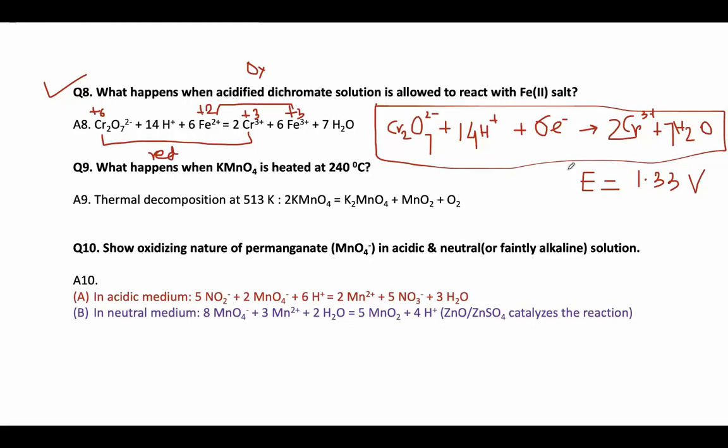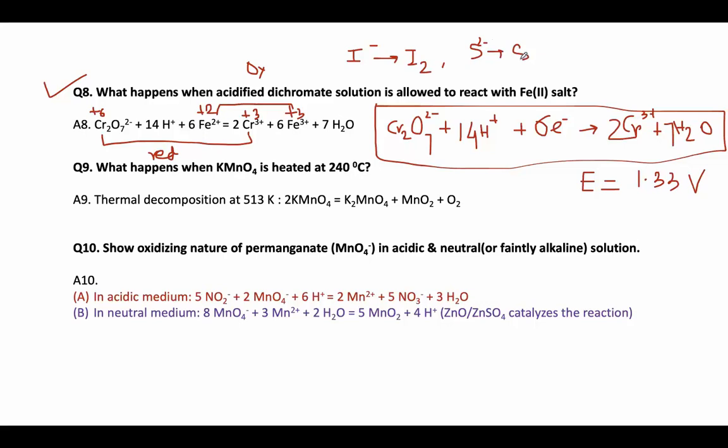Now in acidic solution, potassium dichromate is able to oxidize iodide to iodine, sulfides to sulfur, and also tin 2 to tin 4. These are typical examples where dichromate is able to oxidize different species. So I minus to I2 is occurring, and from sulfide, it produces sulfur.